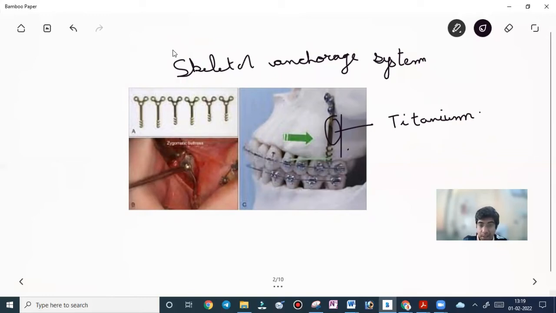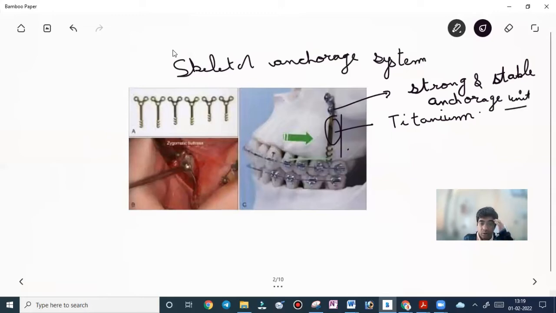Remember, it has a good advantage that it uses a strong and stable anchorage unit. It does not involve single molar teeth distalization, but en masse movement of the maxillary buccal segment.